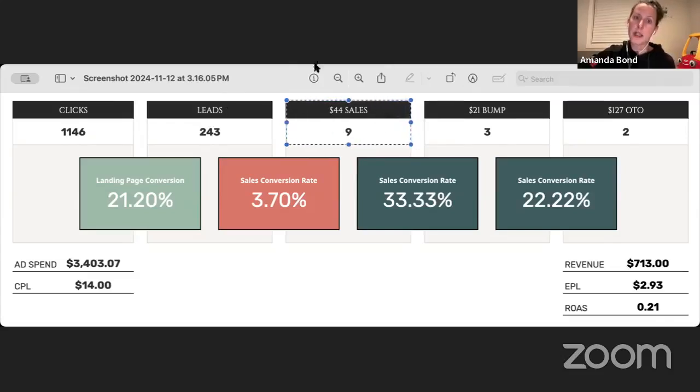So they opt in, they consume the content, they get the value, and then we communicate why this is the best next step for them, and get them back here to improve this conversion rate here.